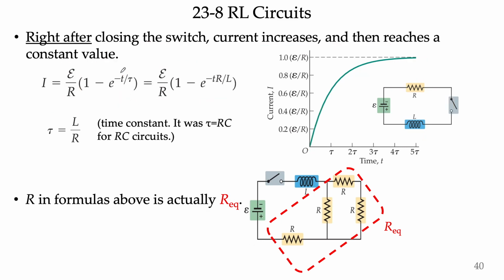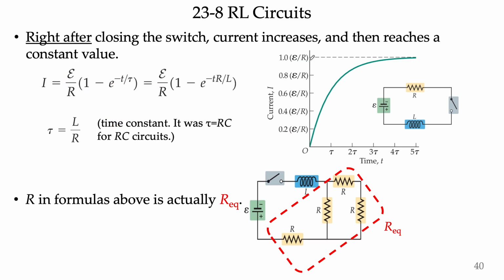If a very long time passes, let's take it to be infinite. So this is going to be 1 divided by exponential of some infinite number, and this thing will be 0. So it's going to be only this part then. After enough time passes by, the current becomes this maximum value, which is also shown here, epsilon divided by R.